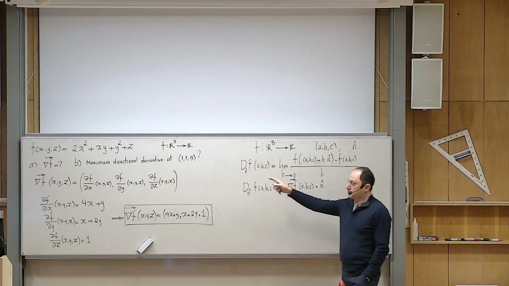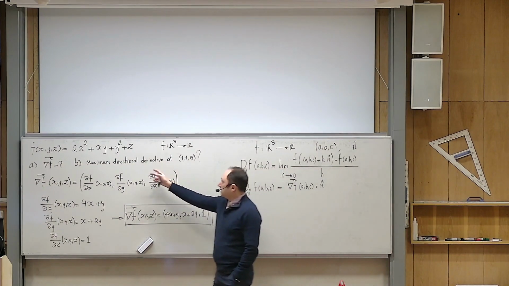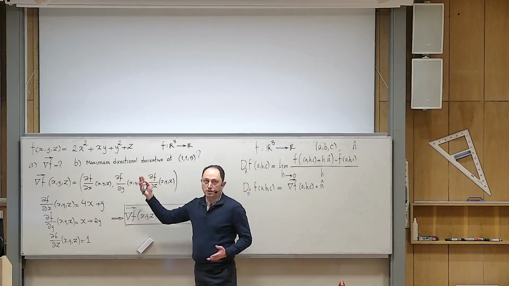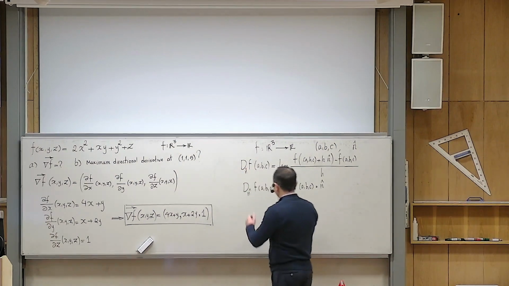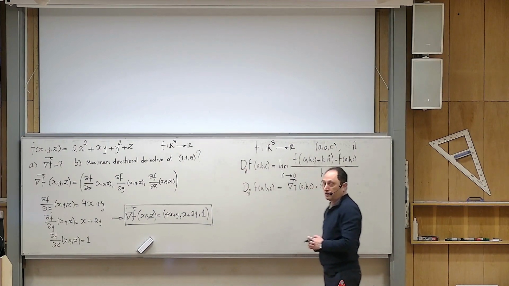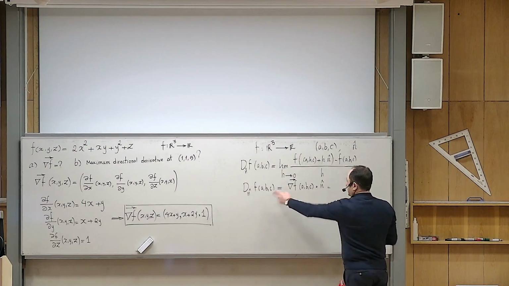Now in this problem, in the second part, I want to use this idea. We want to see what is the maximum directional derivative. What is the value of the maximum? So it means that I want to maximize this. Okay, if I want to maximize this, this is a dot product.